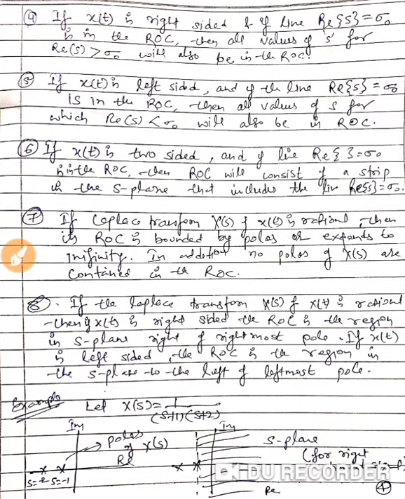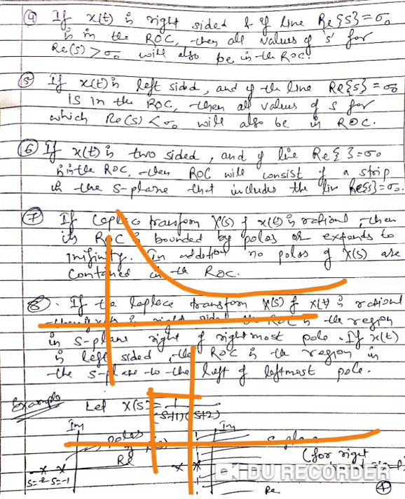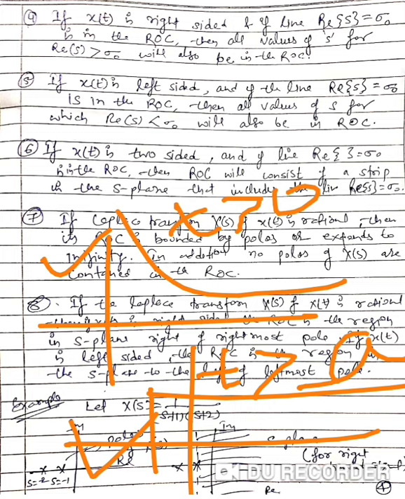The fourth one is, if xt is a right-handed signal, that means if our xt is a right-handed signal, like this is a unit signal, and the second one is a decaying exponential function, so both are right-handed signals. That is, this function is defined for t greater than 0, and this is defined for t greater than minus a, so both are right-handed signals.